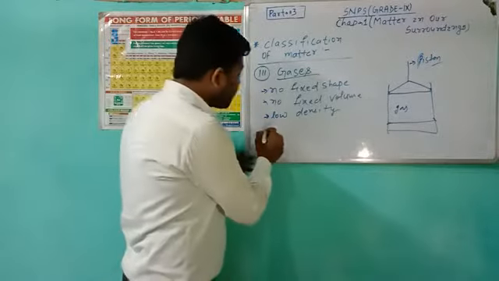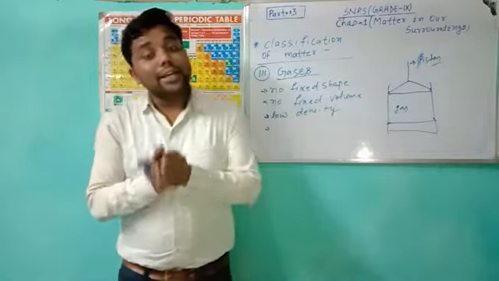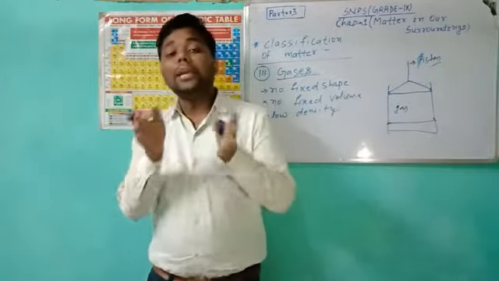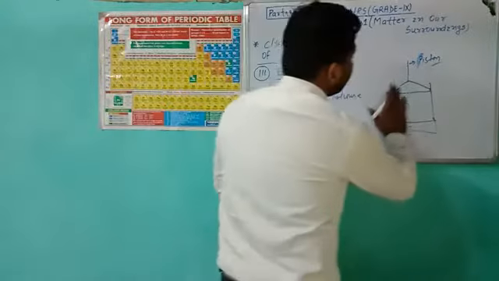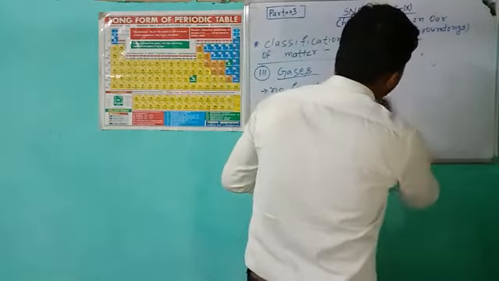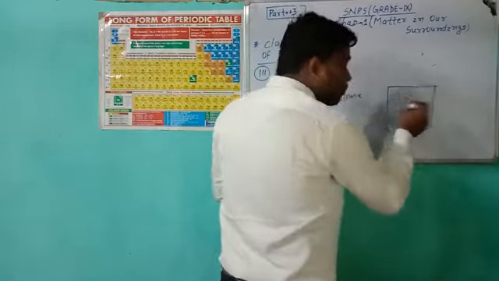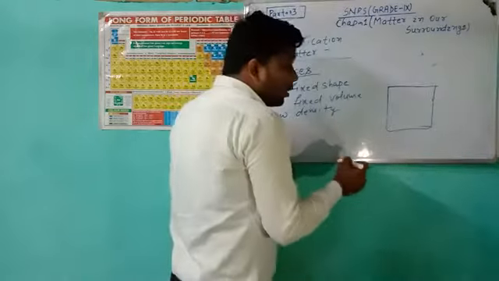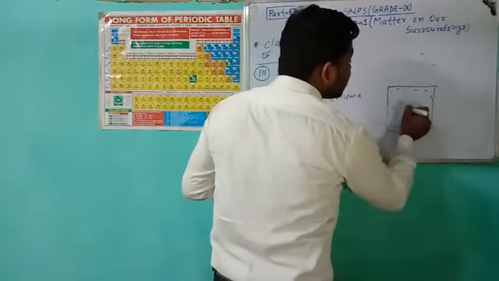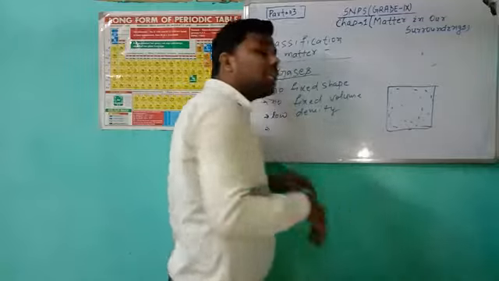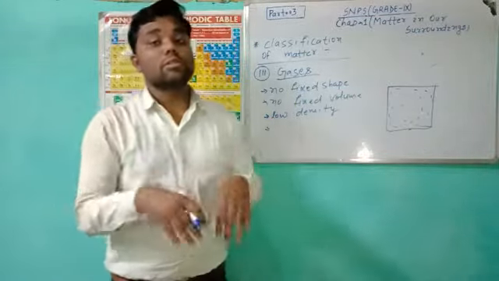And the next point is, gases fill their container completely. If we put some gas in a container like this, the molecules of the gas fill this container completely, because there are no intermolecular forces.